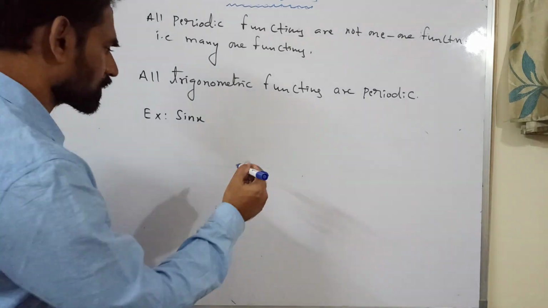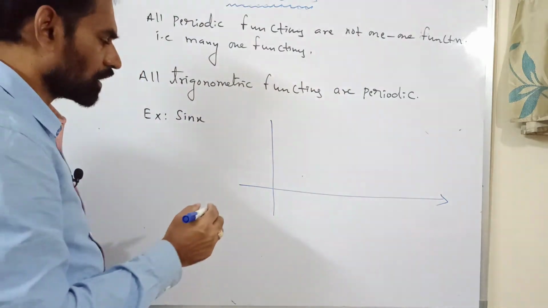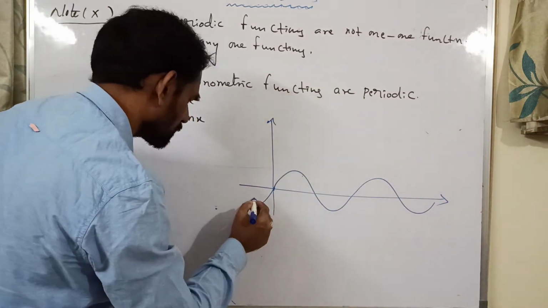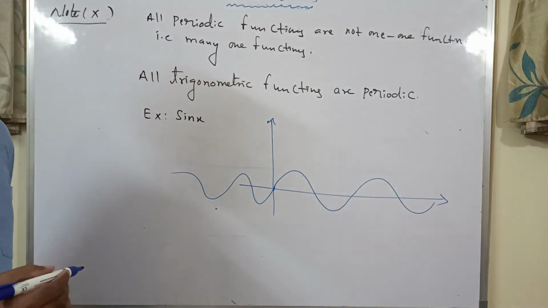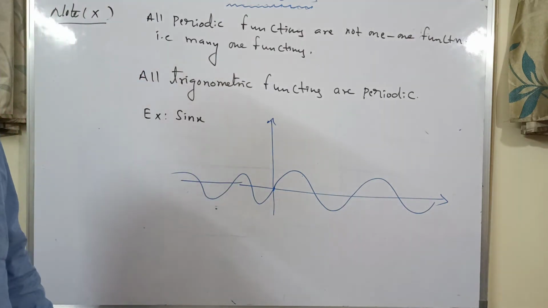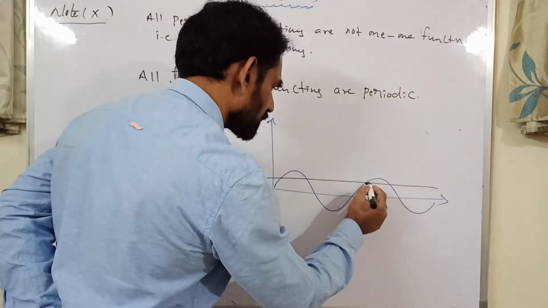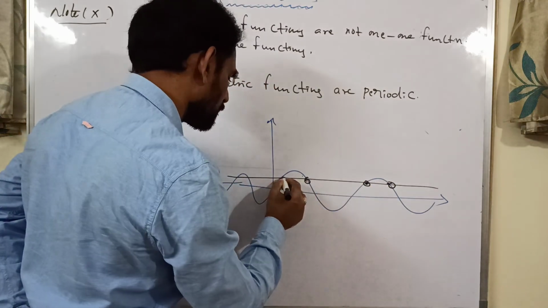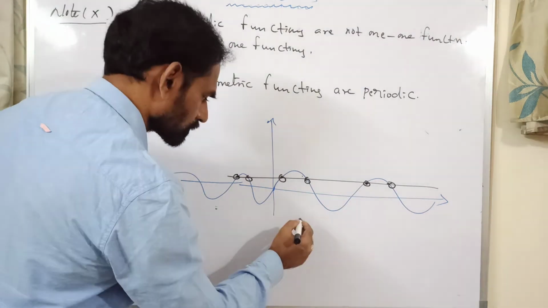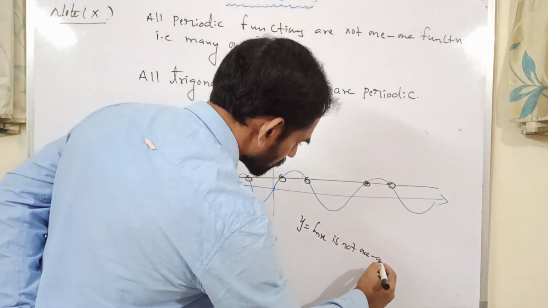See, the graph of sin x we are drawing here. This always passes through the origin. You can extend like this. Use the horizontal line test. Draw a line parallel to the x-axis. You observe here, it meets at more than 1 point. That's why y equal to sin x is not a 1-1 function.